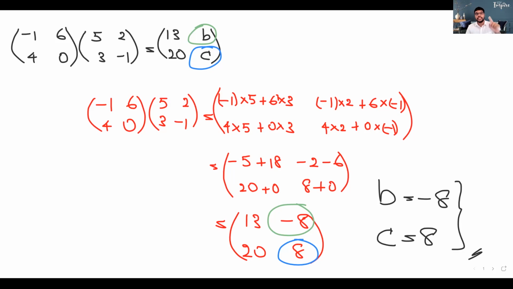The right hand matrix is 13 and 20. But instead of B, we have got -8. You can see I've circled both in green. Instead of B, I've got -8. And instead of C, I have +8, which I have circled in blue. So that means, children, the reason is B has to equal -8. So the unknown number B is actually -8 and the unknown number C is actually +8. That is the reasoning behind the question.